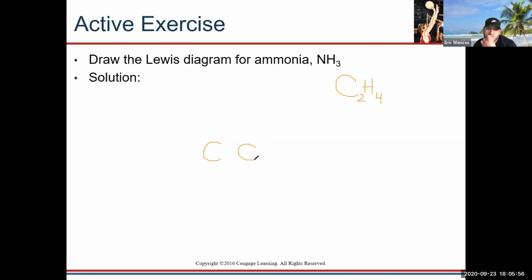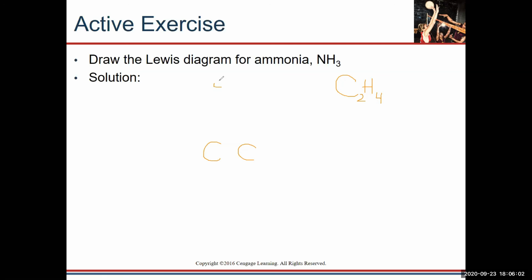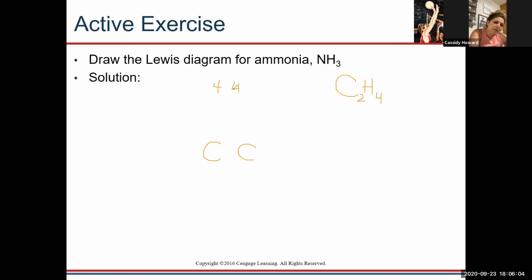Yeah. And each carbon has how many valence electrons? 4. So we have a total of 12 electrons that we're working with. So let's go ahead and put our electrons around.